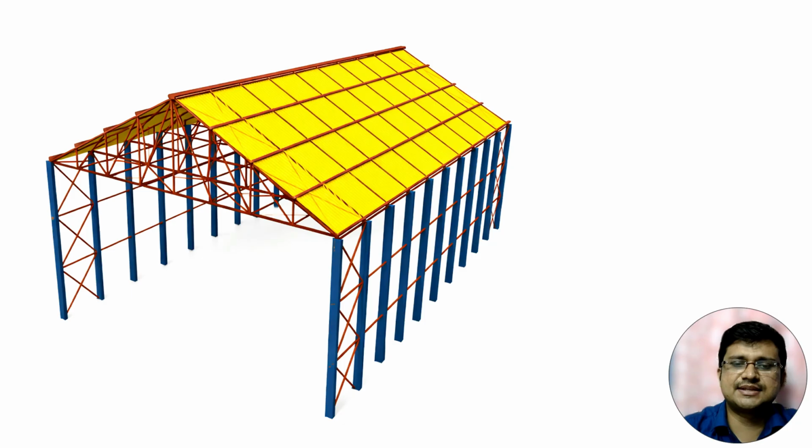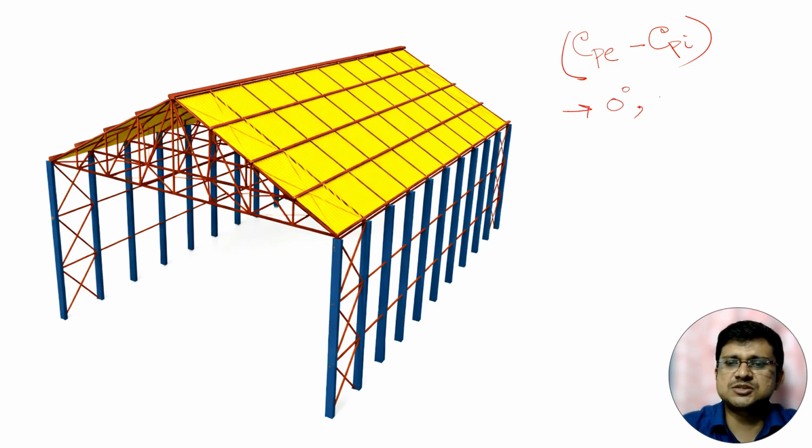Now this is one industrial shed. Now suppose we are calculating the value of wind force, because now we know the value of CP minus CPI. We have calculated CP minus CPI for 4 different cases. One case when wind angle is 0 degree, CPI is plus 0.5, because for our case, the opening area is in between 5% to 20%. So CPI is plus 0.5.